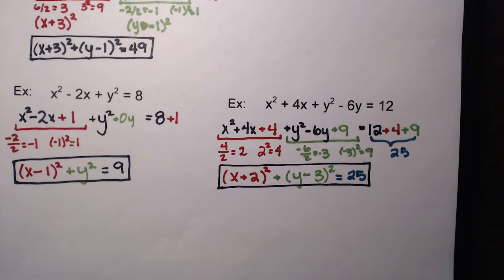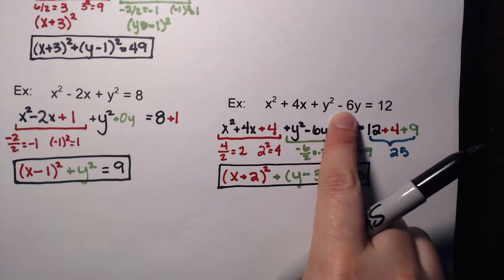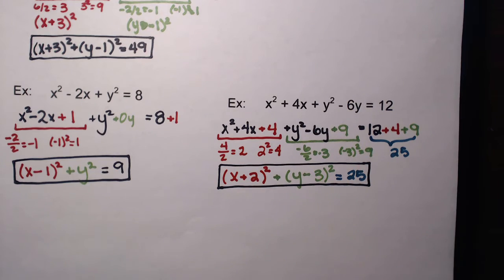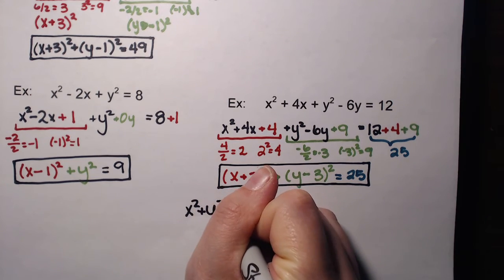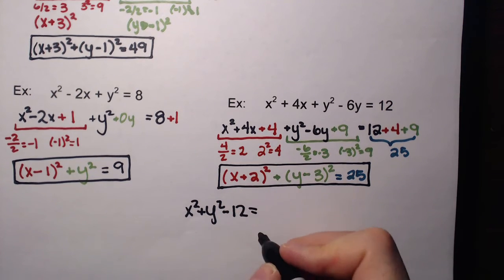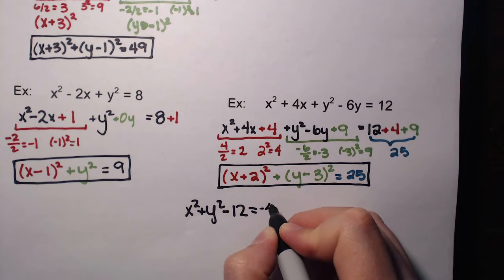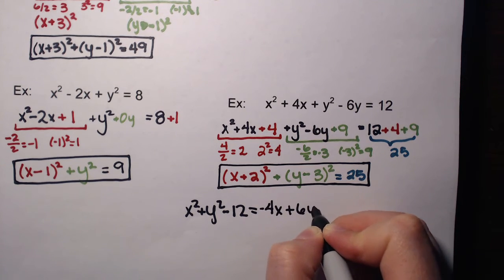I'm not going to do an actual full example, but this may not have been given to you in this order. Maybe you had x squared plus y squared minus 12 equals -4x plus 6y.